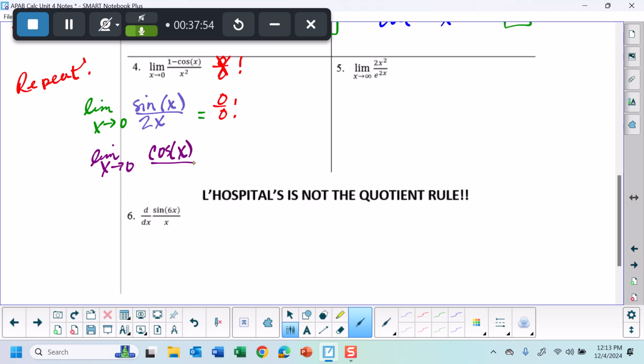The derivative of 2x is 2. When I go to plug in, the cosine of 0 over 2, cosine of 0 is going to be equal to 1/2.